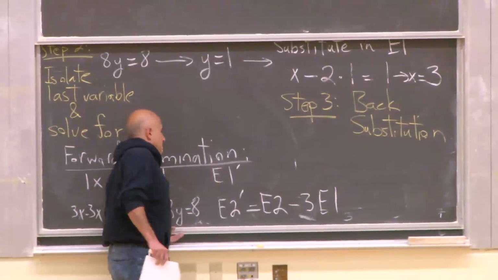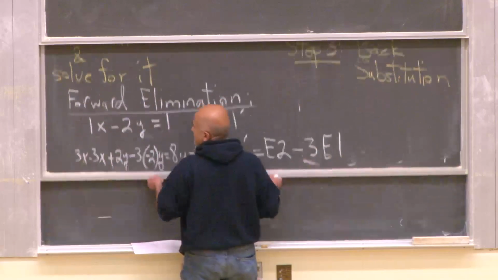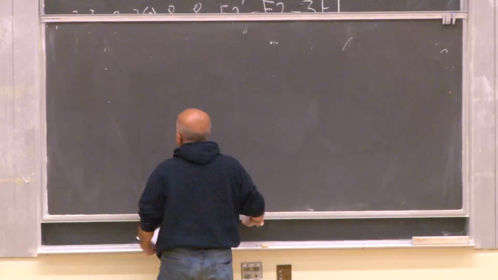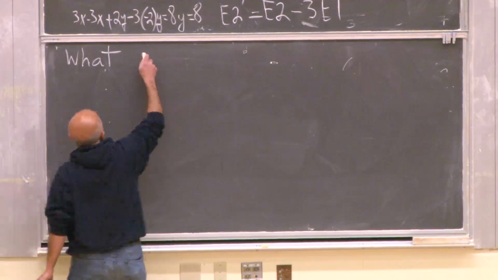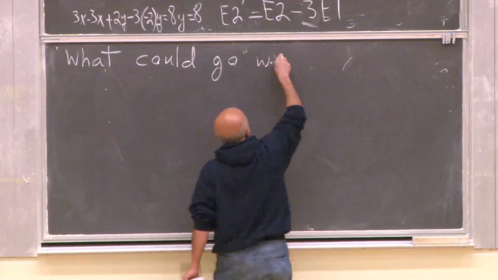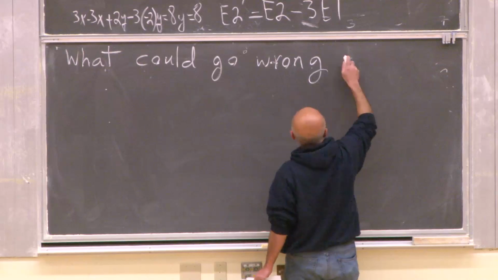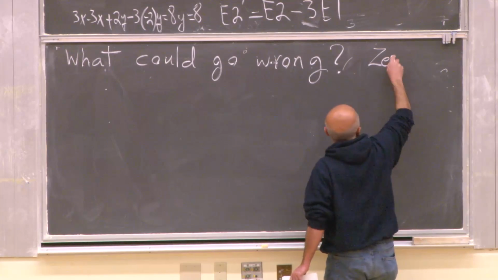Okay, so let's look at a situation like that. What could go wrong? What could possibly go wrong? And the answer is zero pivots.